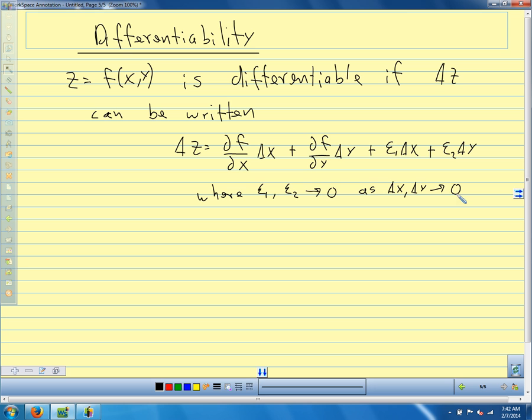So this is our definition of differentiability of a multivariable function.